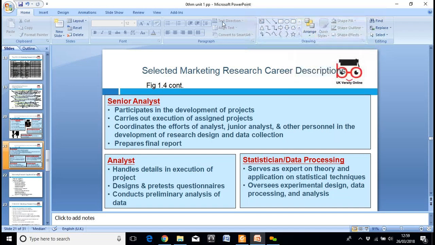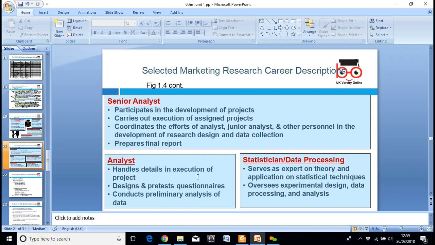Statistician serves as an expert on theory and application of statistic techniques. Again, nowadays that will be a very IT savvy person who learns all about processing in different ways.